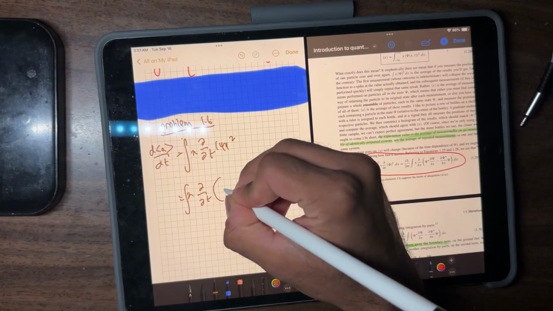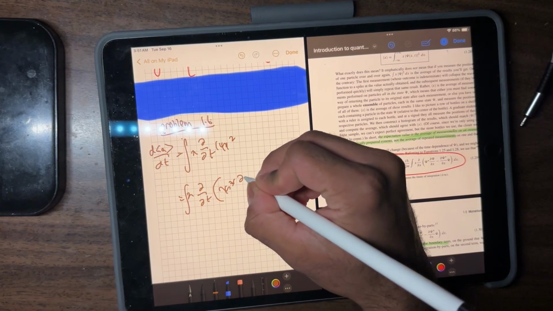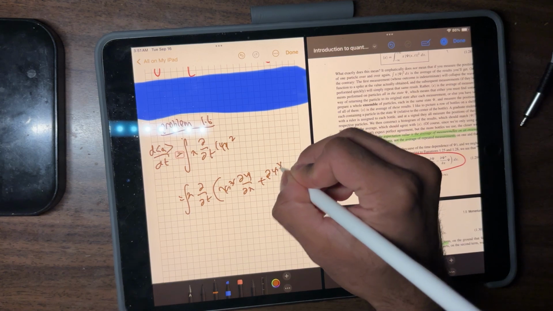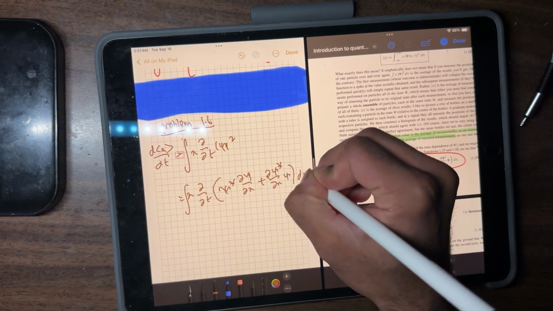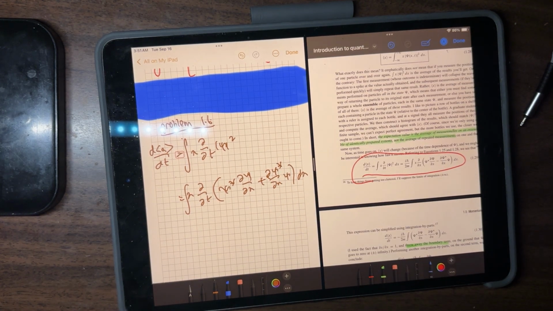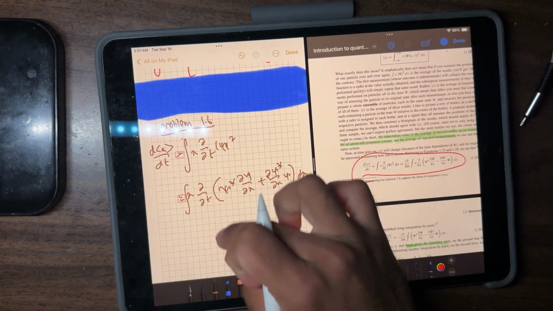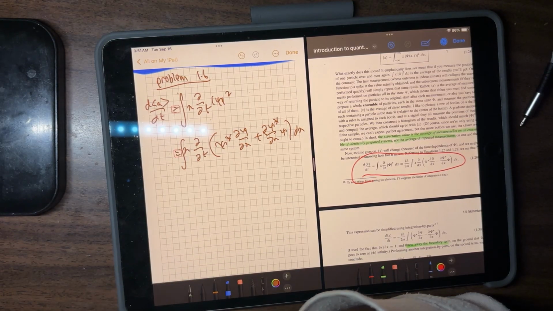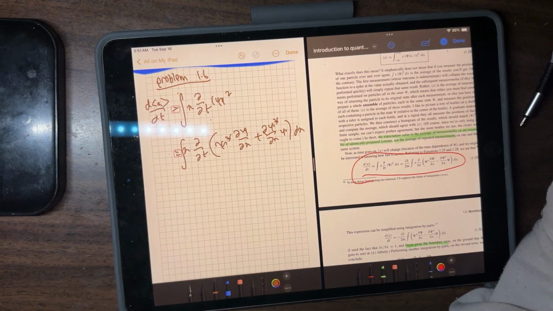I'm going to put a bracket here: psi conjugate curl psi by curl x plus curl psi conjugate by curl x psi dx. Now what does d by dt of x mean? We wrote the equation, right? But what in the world is wrong?